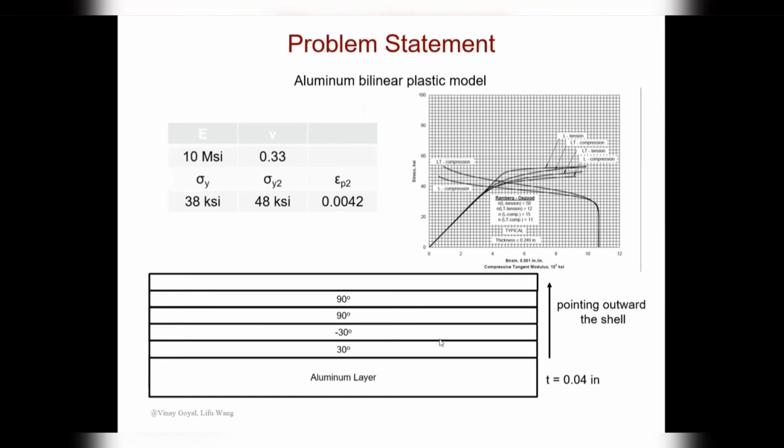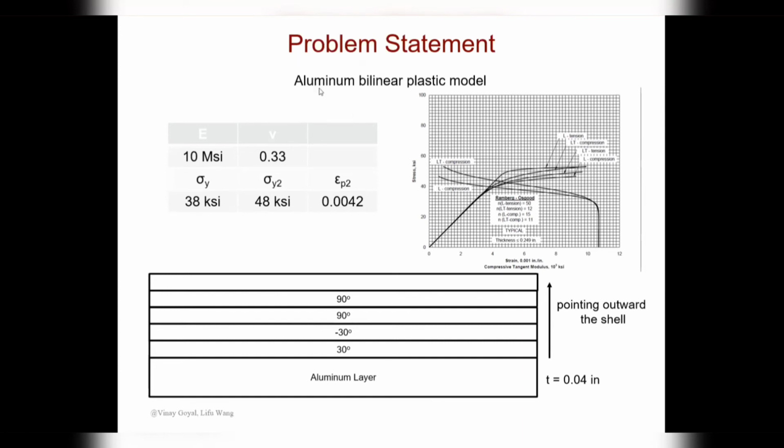Usually we will have metal in the very inner layer, since the composite itself can have a leak because it's brittle. So usually we need to add a metal layer for the very inner layer. And here we just use aluminum for that.